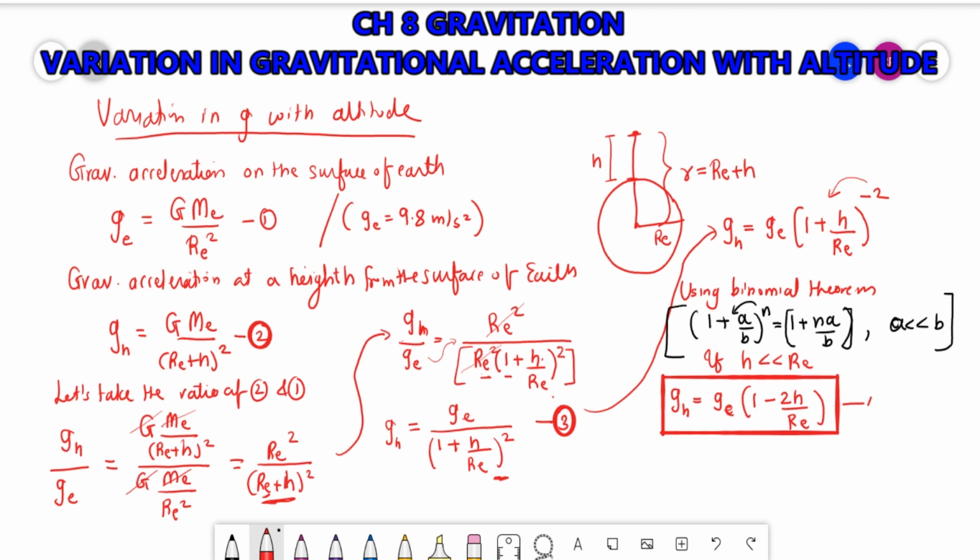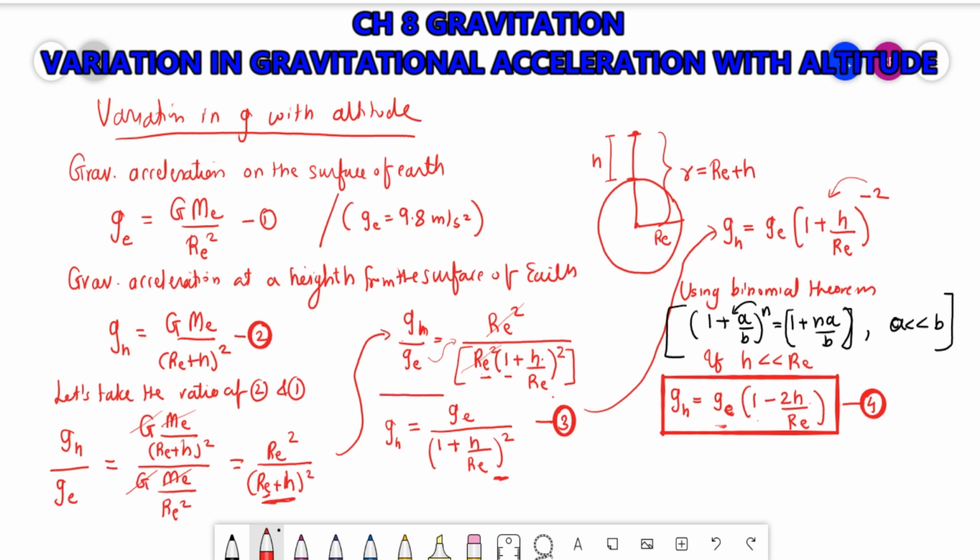Let's name this equation 4. If an object is placed at a height of 10 kilometers, and we know the radius of Earth is 6400 kilometers, then put the value of GE as 9.8 times 1 minus 2 into 10 upon 6400, and you will get the gravitational acceleration at height h. But remember, this equation can be used only when the height is much lesser than the radius of Earth.